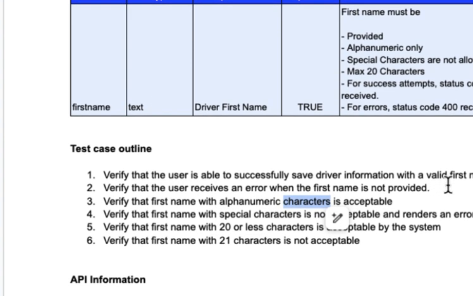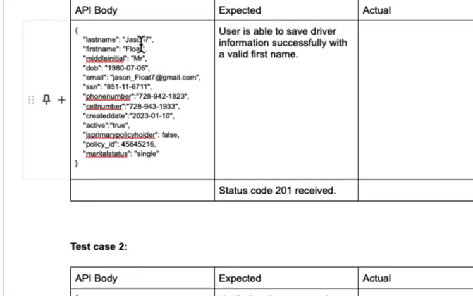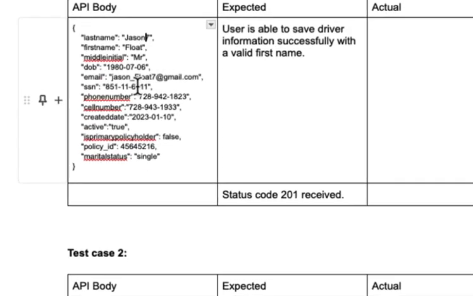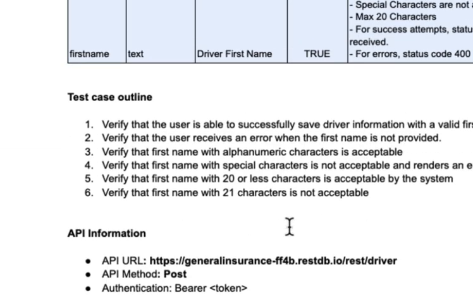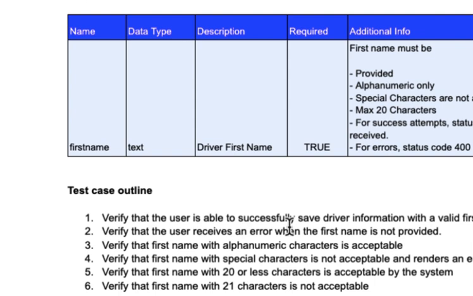For example, if I have a first name like this, let's say, I have Float and then I have ABC. What should happen in this case? Now API might accept it, right? API might give us 200 and is successfully created. That does not mean this is the expectation. It might be an issue.